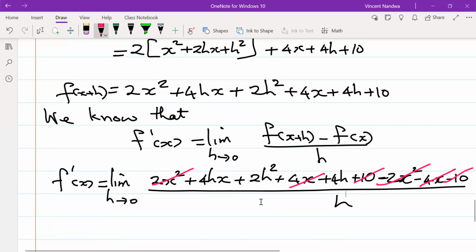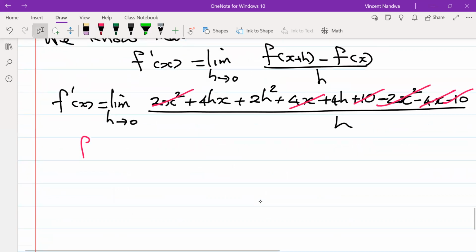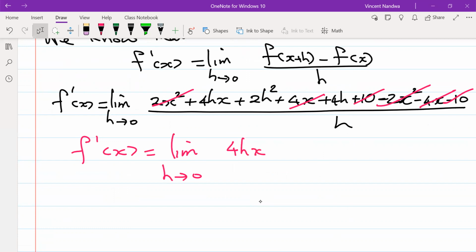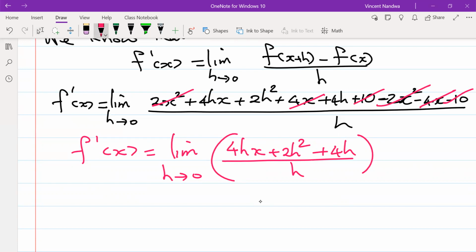So then now we'll have f prime of x is limit as h approaches 0 of 4hx plus 2h squared plus 4h divided by h. Okay. So remember, we are dividing h into each of these terms, so we can factor out h in the numerator.